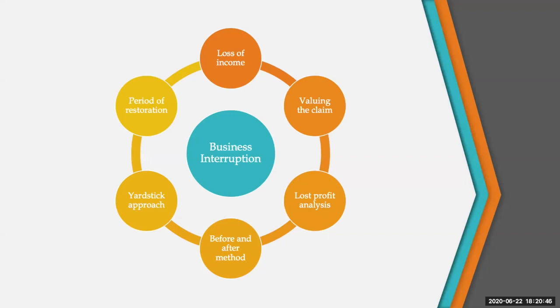Essentially, the lost profit equals what the business would have made minus what the business did make. The before and after method compares the revenues and the profits before and after the business interruption. The yardstick approach compares the business with a similar business to determine if there is a difference after interruption.